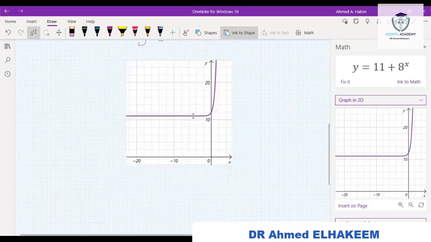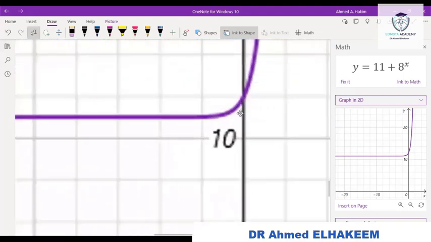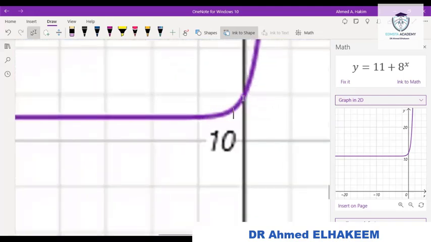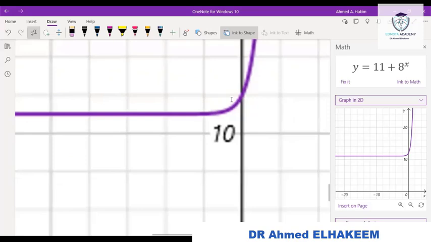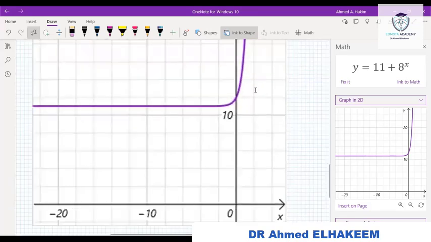Zooming in here, a shift happened. You see the shift? Before it was like that. Now it is shifted upward.